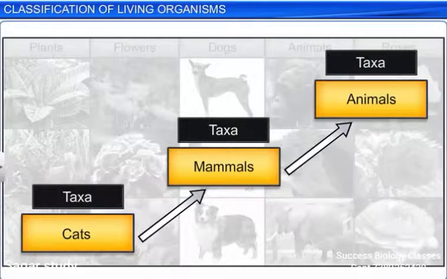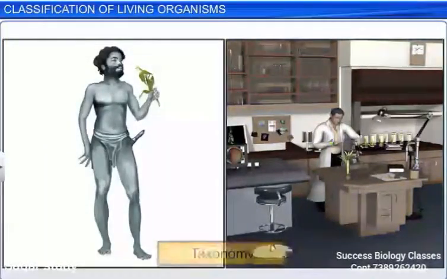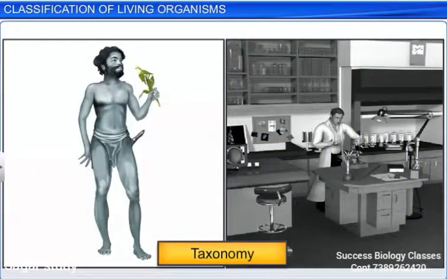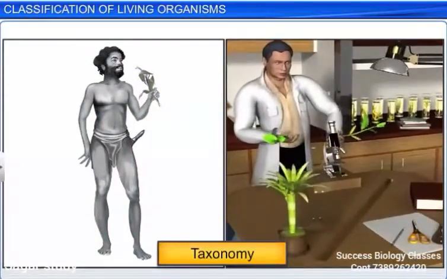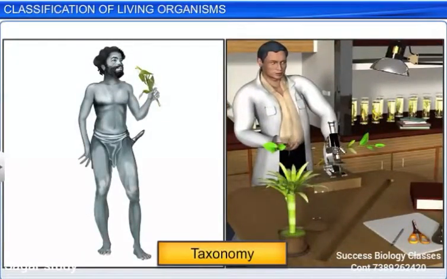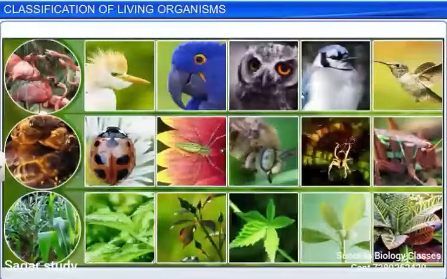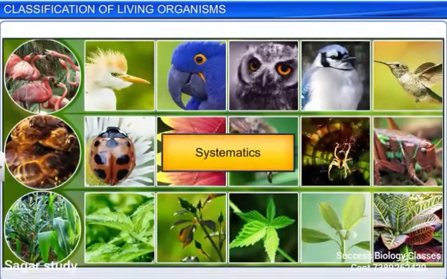This process of classifying living organisms into different taxa based on their characteristics is called taxonomy. Taxonomy isn't new to humans. For ages, humans have been interested in knowing about different types of organisms and the relationships among them. This branch of study is known as systematics, which means systematic arrangement of organisms.